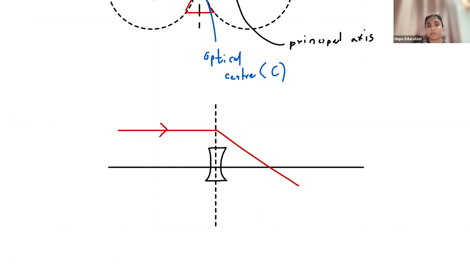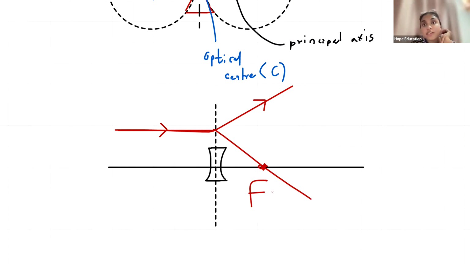Now we have a little problem. If you remember, in convex lenses, we learned that when a parallel light ray comes in and refracts like this, the point where it meets the principal axis we named the focal point. But here it is different. Why is this different? Because now the parallel light ray, when it is refracted, is going outwards. It is refracted outwards, so it will not reach the principal axis.